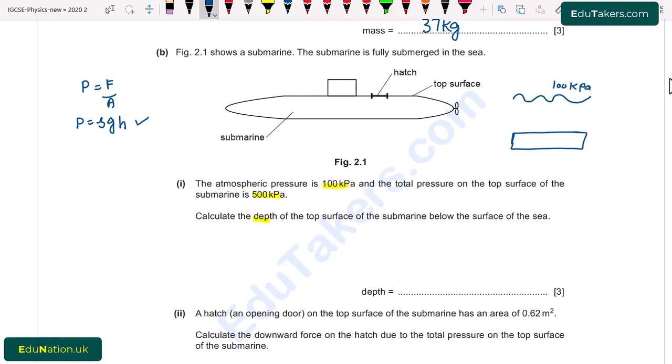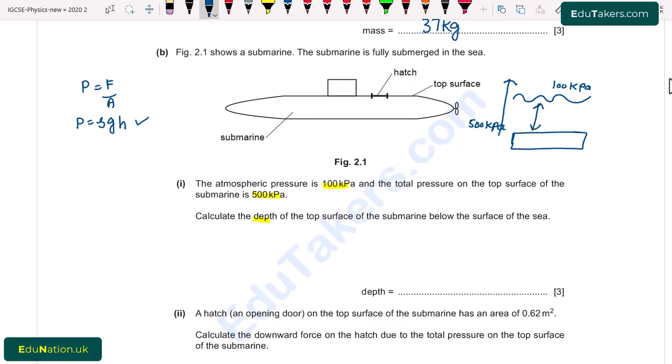So the total pressure from the surface is basically 500 kilopascal. Calculate the depth of top surface of the submarine below the surface of sea. So we have to calculate this pressure.